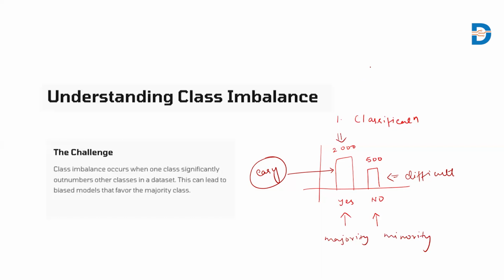Obviously, you can see misclassification from the model, and there will be a lot of bias in the model's understanding if your data is imbalanced. So we need to balance our data, and the technique that we have is SMOTE.